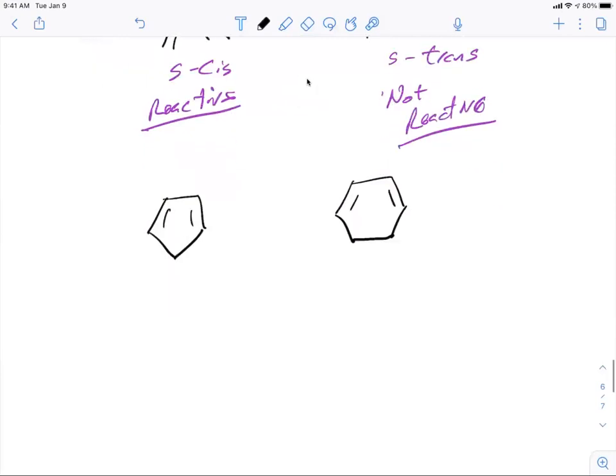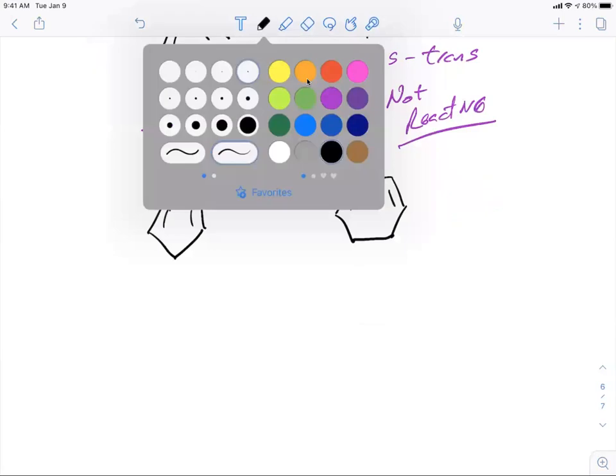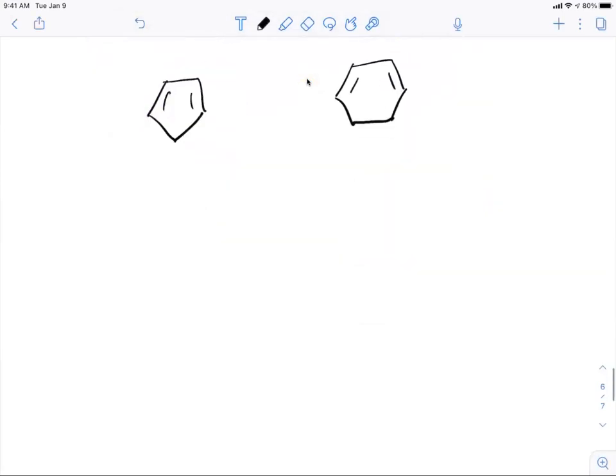So let's look at those. What this means is we'll have to remember our bicyclics.